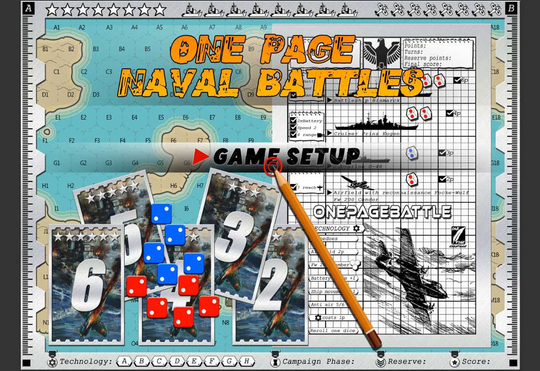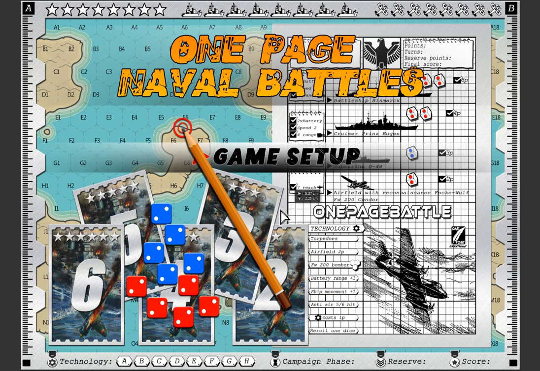Starting location. Before the initial deployment of units, players must randomly decide which side of the map will be their starting location. So basically, you have to select which part of the map your units will be located at the beginning.